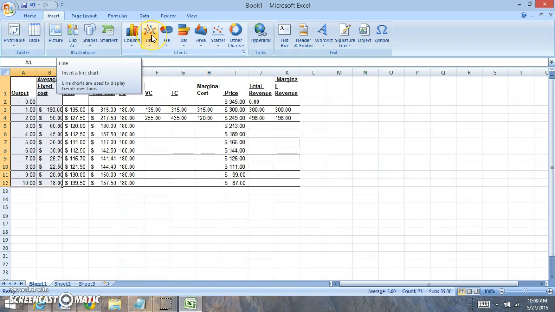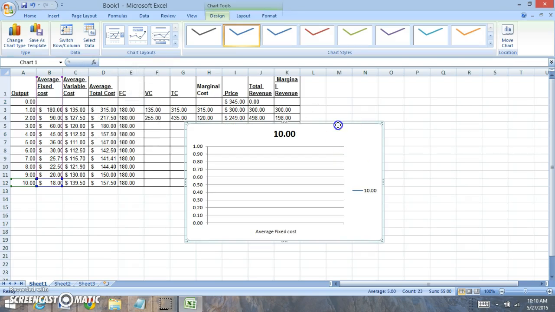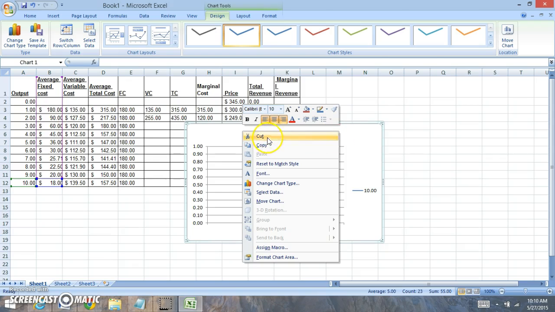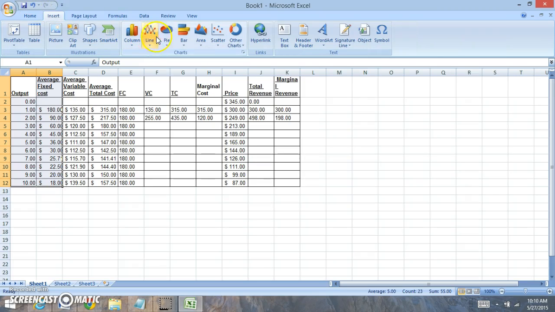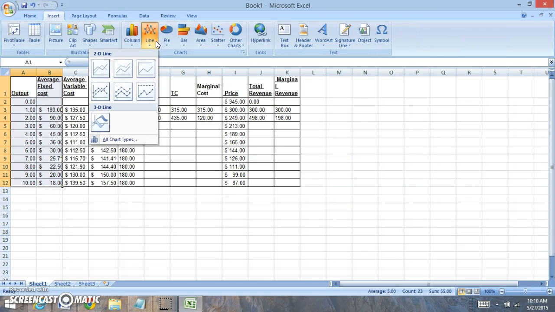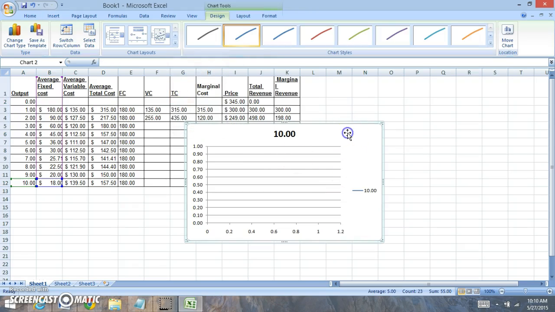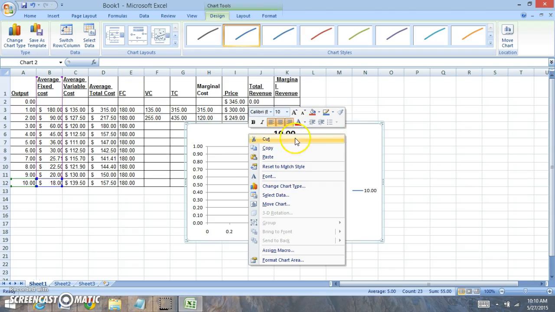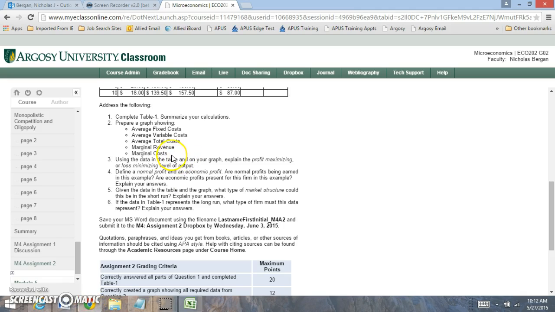Go to line graph right here. And so all you need to do is create this line graph. Do not create a column, just the line graph function right here. That's all you need.